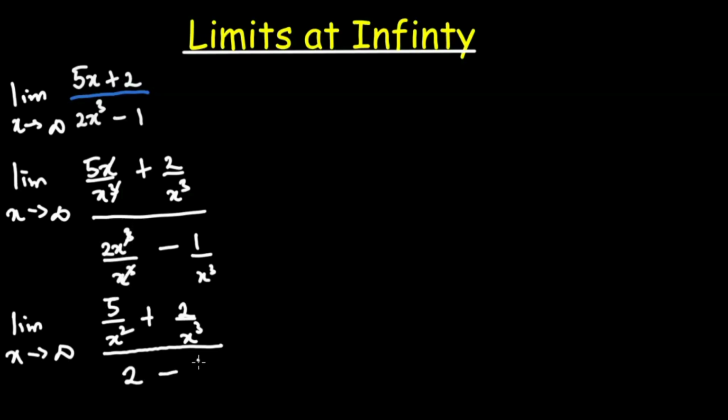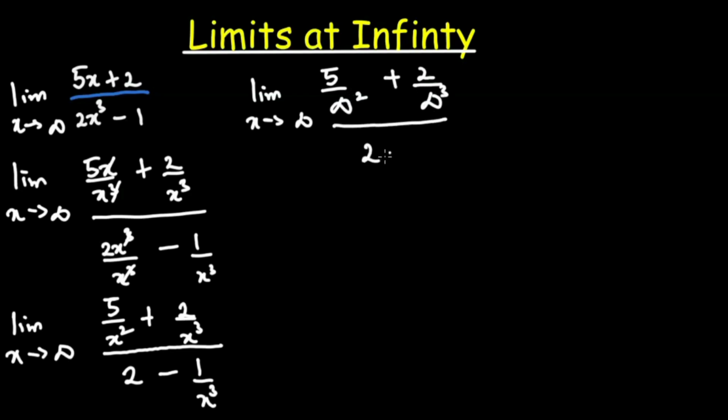And so when you substitute infinity, we're going to have the limit as x tends to infinity of 5 over infinity squared plus 2 over infinity cubed, all over 2 minus 1 over infinity cubed.